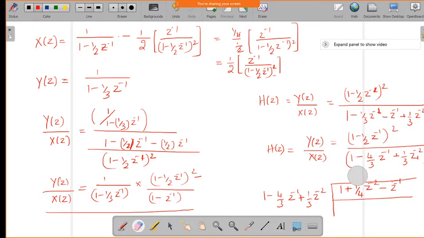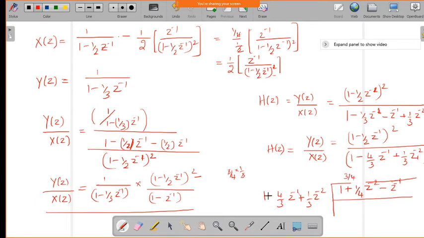So you have to choose the value 3 by 4. If I do 3 by 4 into 1 by 3, then 3 will get cancelled, you will get 1 by 4. So now I will take the multiplication factor as 3 by 4.